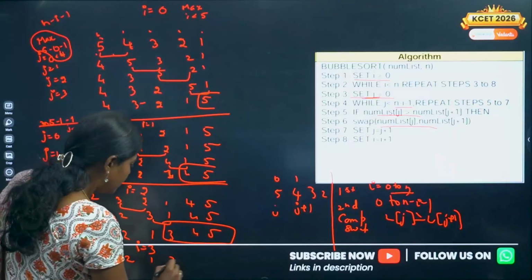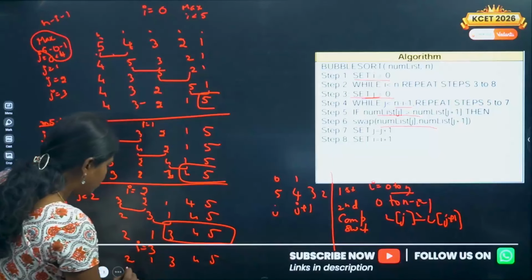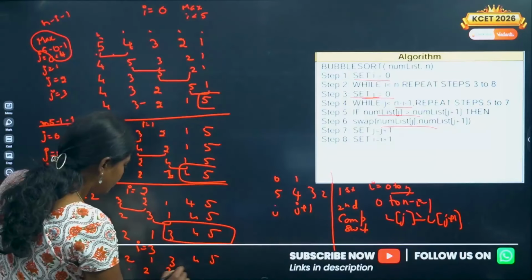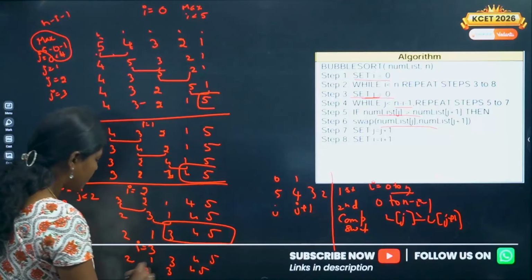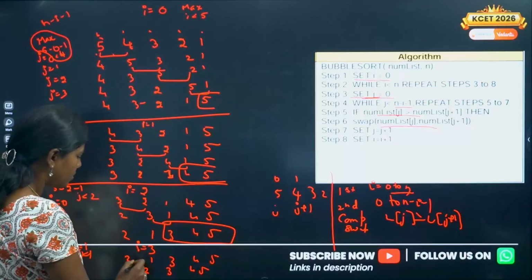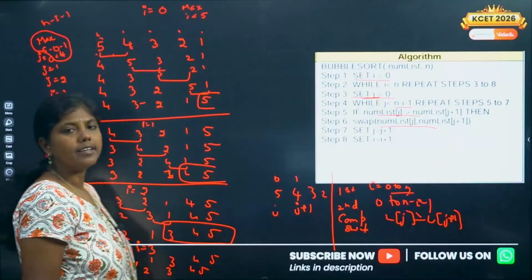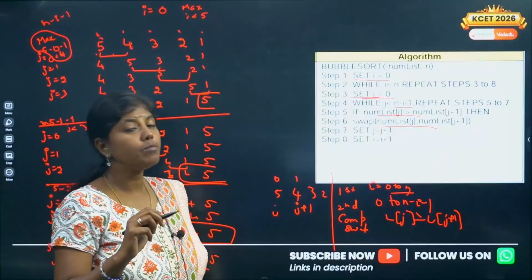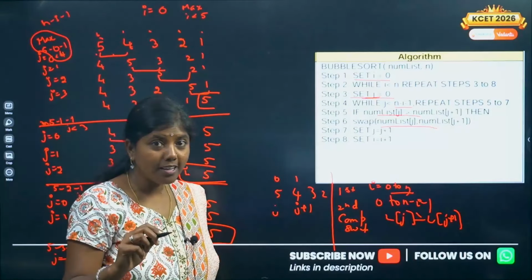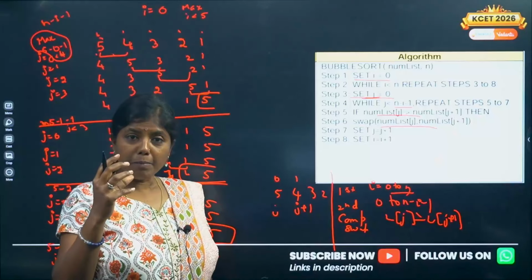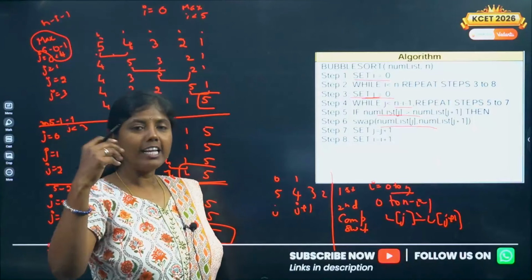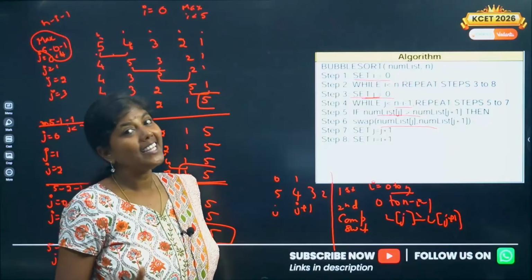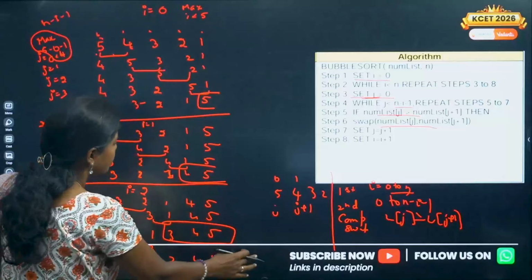That means 2, 1 is compared. You swap it. I am just writing here. So it is done. Again for the next iteration, it does not satisfy the condition, so it comes out of the loop. Is the point clear? Bubble sort means bubbling out the largest element at the end. Clear?